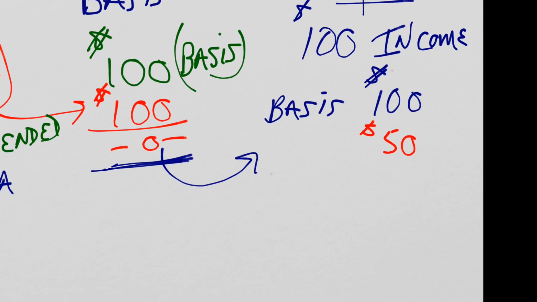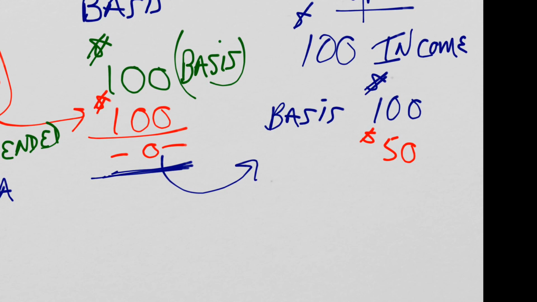See? So we'll bring that over, and now this loss can get used in year 2 on the individual return, because they now have basis. And that's basically how it works. So if you need to understand this better, watch it again. We're going to pick up just a little bit more about this whole concept in the next video.